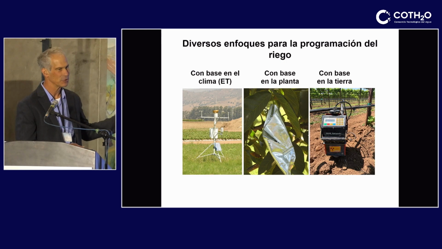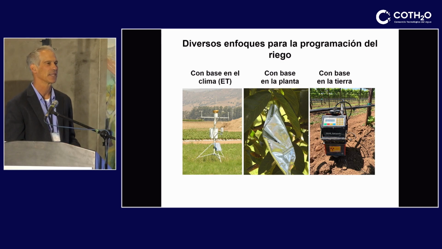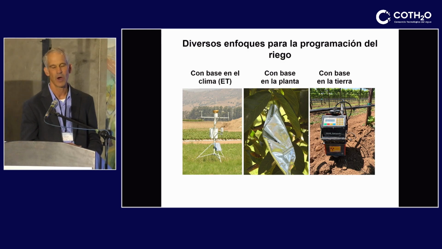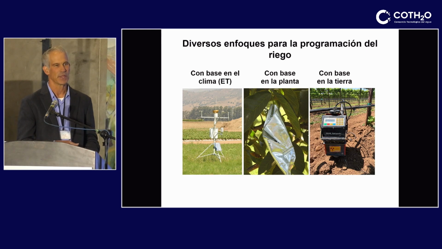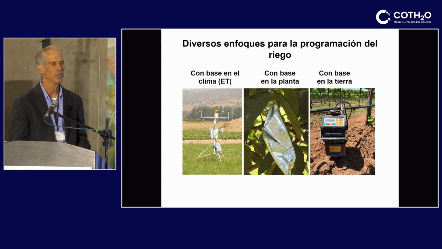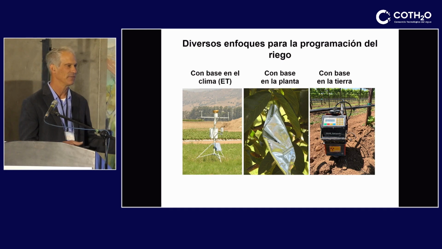We call it evapotranspiration-based scheduling. We have other decisions we can make based on looking at the plant, looking at stem water or leaf water potential of the plant, and then soil-based methods, monitoring soil moisture. Now, optimally, you would use a combination of all of these.